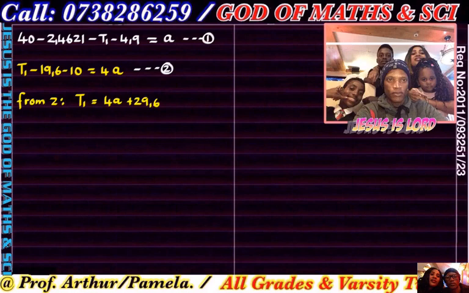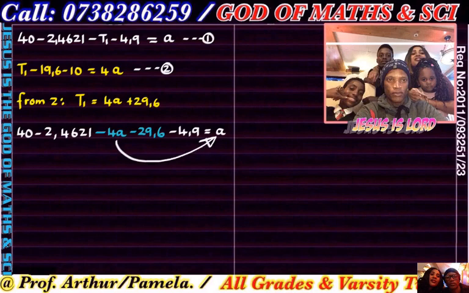So now I do the substitution. Now I've got 24621 minus, already changed, 4a minus 29.6 minus 4.9 equals a, acceleration. So I'm going to take this, it goes that side. You can see with your eyes it's going to be 5a. Then I'm going to add all these numbers together.